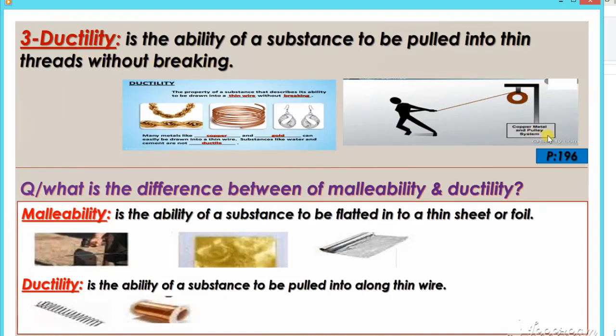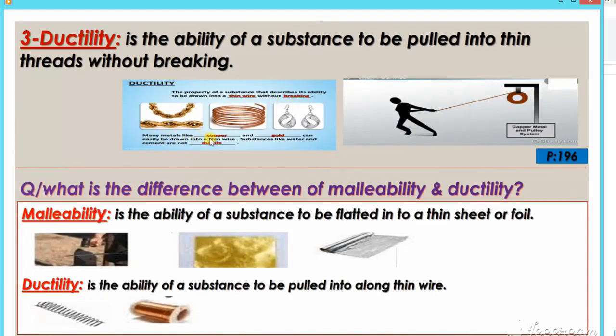Example, copper. Copper metal is ductile because it can be pulled into thin threads without breaking. Another example, gold. Ductility is the property of a substance that describes its ability to be drawn into a thin wire without breaking.